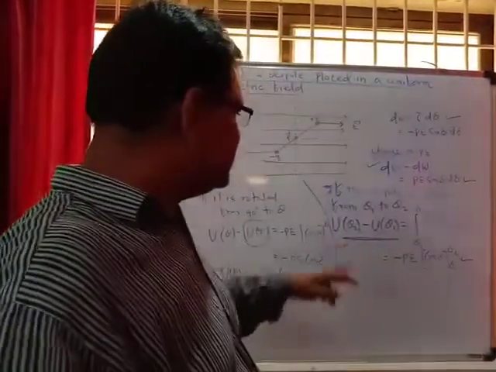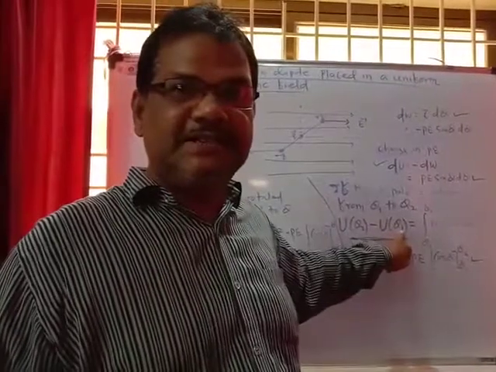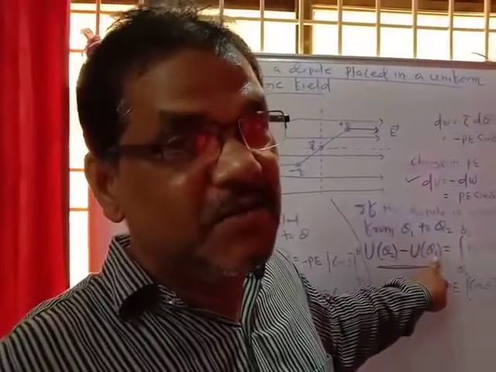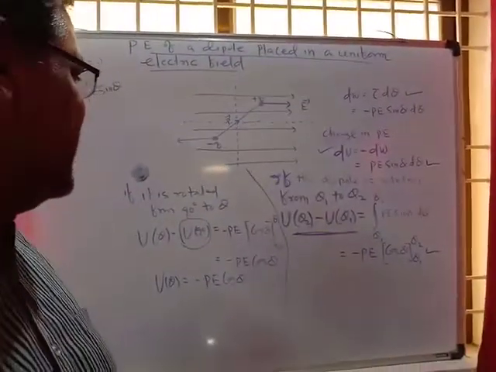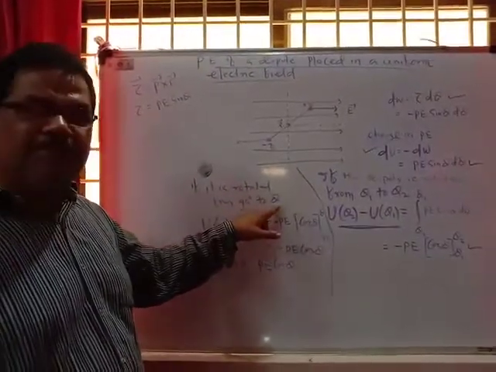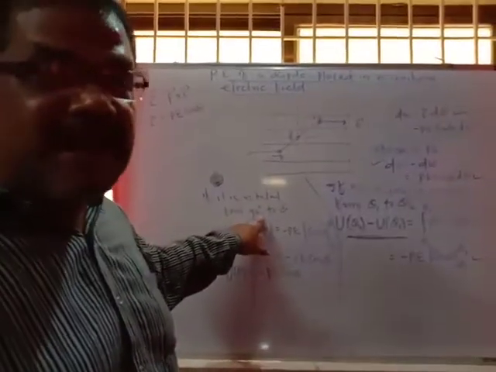So here, which will be the initial reference point, theta 1, where the potential is zero? That is considered when the angle is 90 degrees. When theta 1 is 90 degrees, the dipole is rotated from 90 degrees to theta, because we have taken the reference point as 90 degrees.